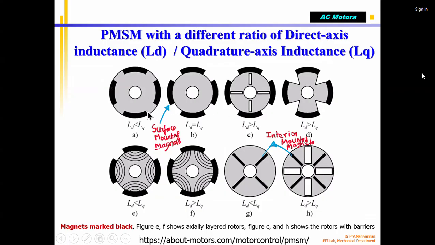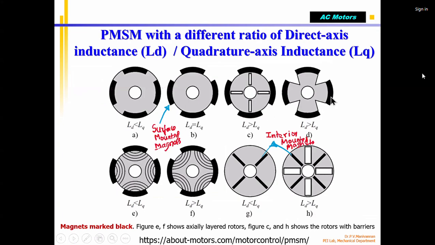This is called salient pole. Here you can see no projection outside. The magnet is buried inside the rotor core. Or here, the magnet is put over the core, but the magnet size almost covers most of the surface, except small gaps. So if you see here, this almost looks like a smooth surface, correct?